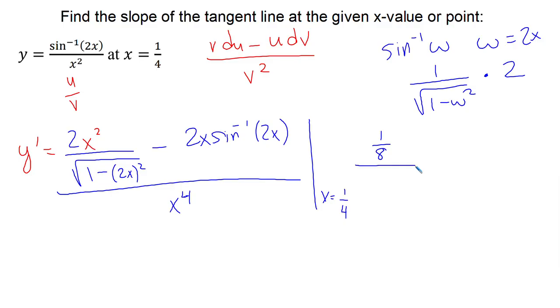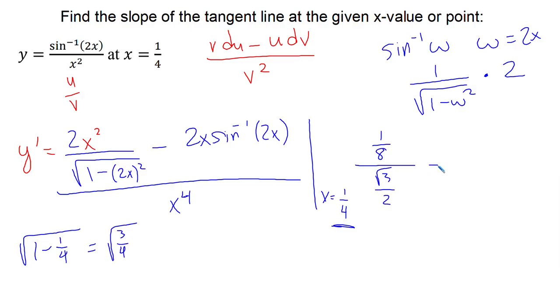So 2x, right, 2 times 1/4 is a half. And if we square 1/2, we should get 1/4. So this becomes the square root of 1 minus 1/4. Well, 1 minus 1/4 is 3/4. So this is the square root of 3/4. And then we can square root the denominator of that. That's the square root of 3 over 2. So our v du part ends up being 1/8 divided by root 3 over 2.